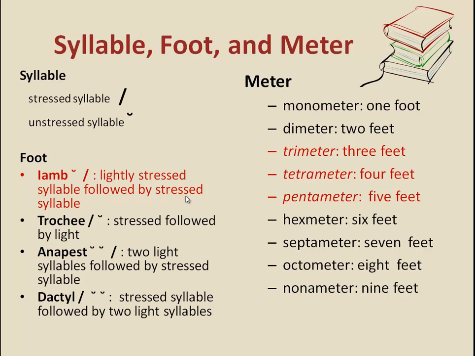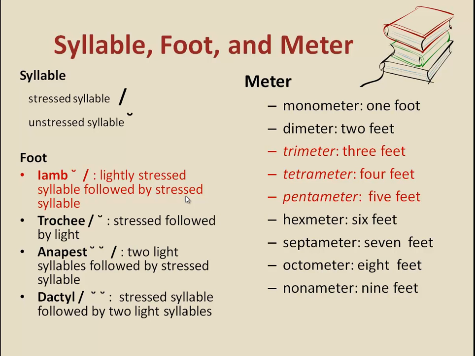The most commonly used ones would be these 3, with tetrameter and pentameter being some of the most used, certainly in classical poetry anyway. But you can see that, at the very beginning, what's the concept of 1 represented by? Mono. Okay, mono would be 1, and so we have 1 foot.